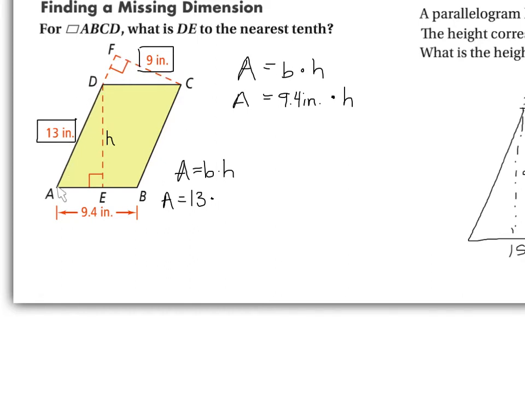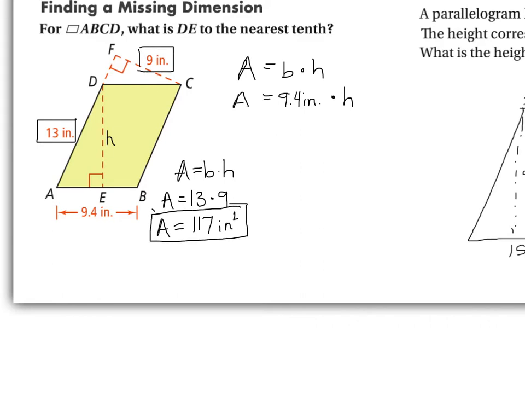If I use the bottom base, that's the height. And these two heights are not always going to be the same, as a matter of fact, ever. So I know that the area of the parallelogram is 13 times 9. 13 times 9 in this case is 117, and my units would be inches squared. So I know the area of the parallelogram is 117 inches squared.